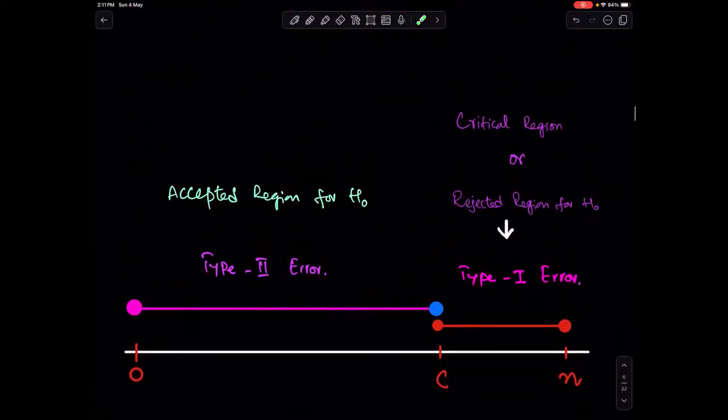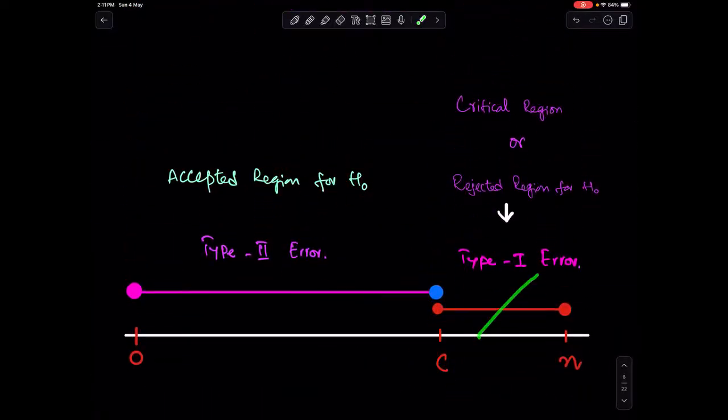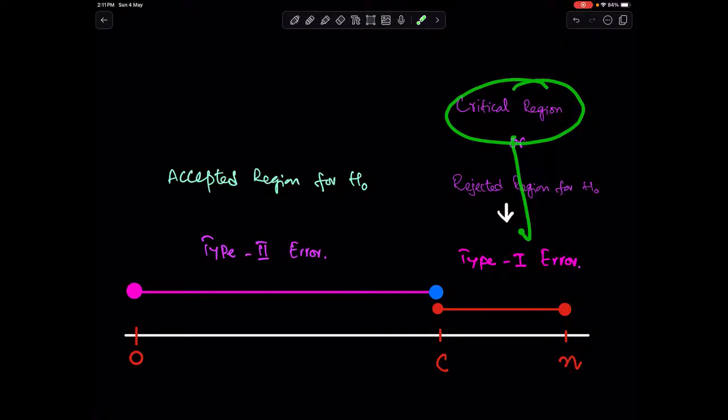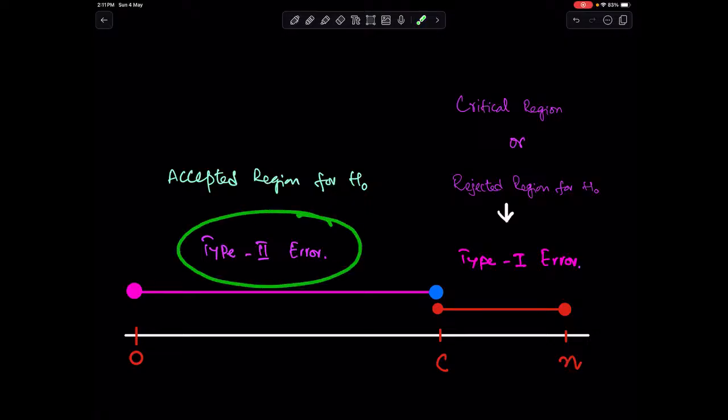So here we reject H naught in this region, the critical region. So the region of type 1 error is this, the critical region. This is the region of type 1 error. Why? Because we reject H naught here. And the region of type 2 error is this. Why? Because we accept H naught here.